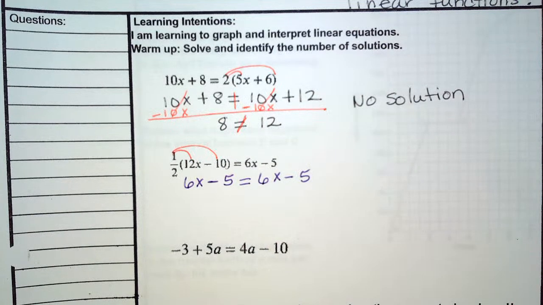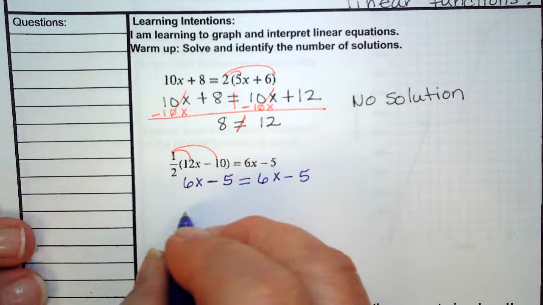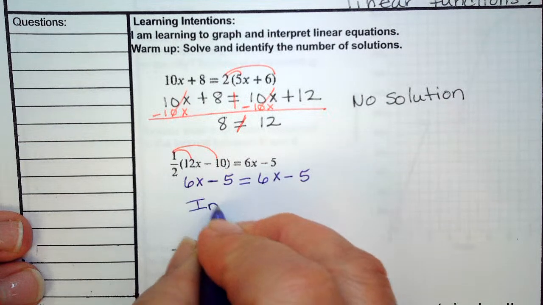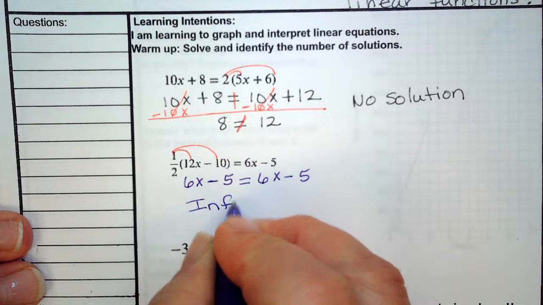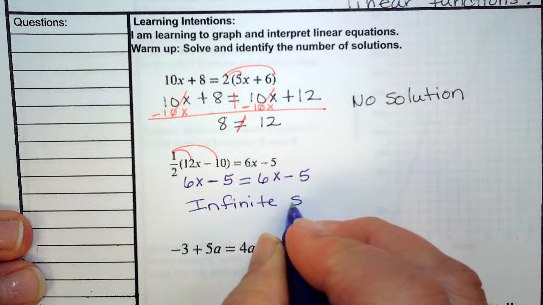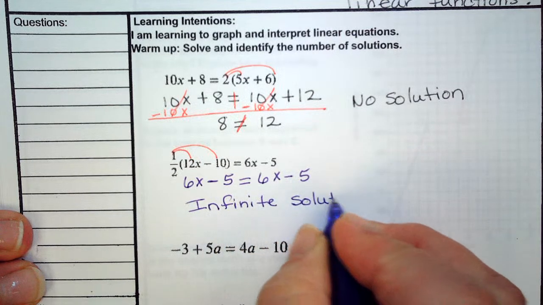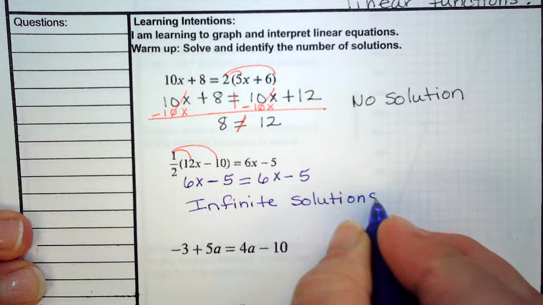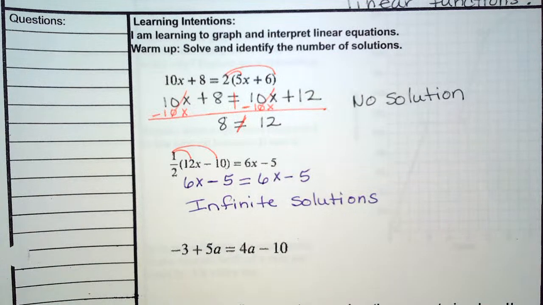What do you notice? Both sides are the same. So this is an infinite number of solutions. So none, infinite, the last will be one solution.